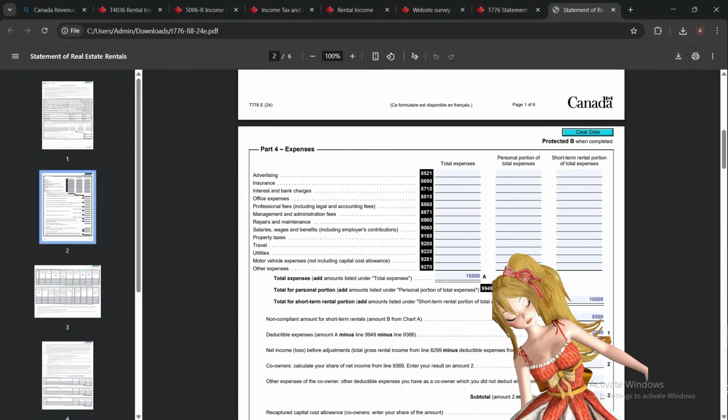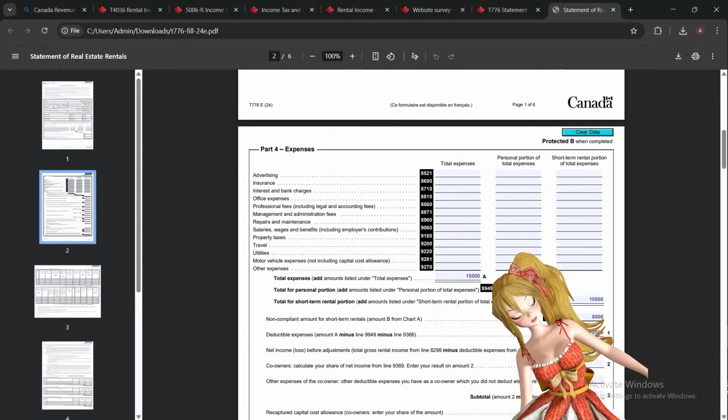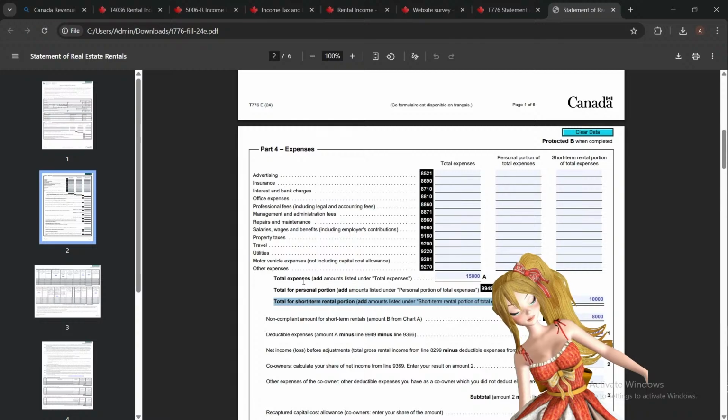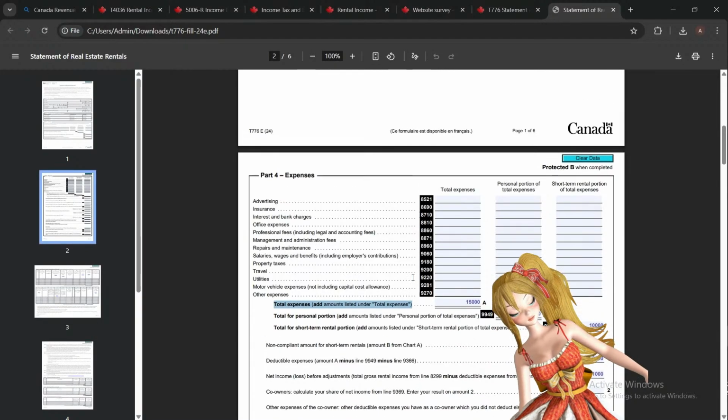Why? Why isn't it negative 9,000? Or even negative 8,000? The sensible thing would be, okay, let's say the cost of the property is the expense.